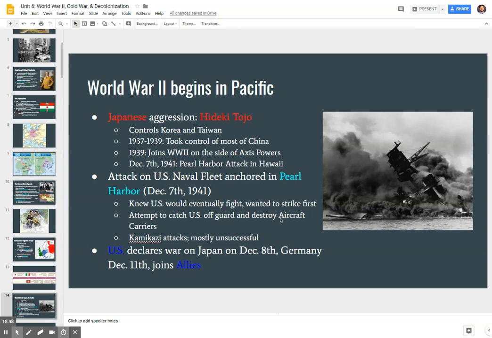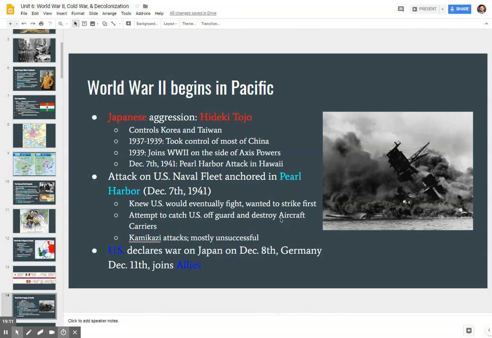Unfortunately for Japan, they only destroyed one aircraft carrier. Most of the other ones were already out at sea. And so their kamikaze attacks, while they did kill many people, were unsuccessful in their goal of destroying most of the aircraft carriers. And this is really going to, we're going to talk about it later, but really upset Hitler.